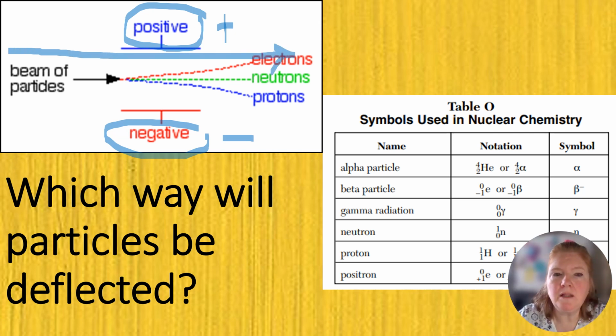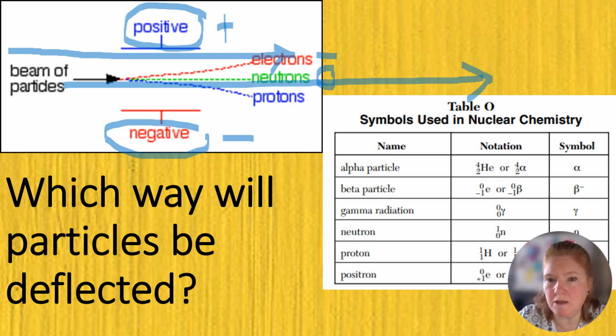Okay. Electrons are attracted or deflected toward the positive because electrons have a negative charge. Neutrons have no charge, so they just pass through completely undeflected. And protons have a positive charge, so they are deflected toward or attracted to the negative side.